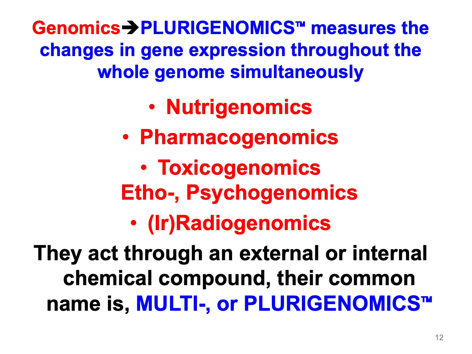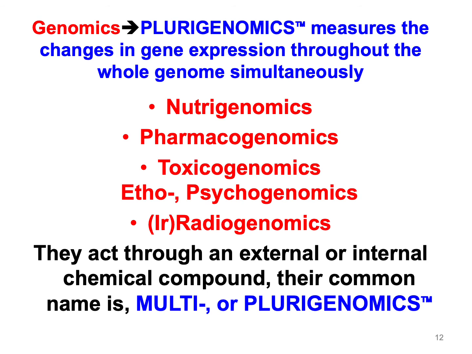But we can also have etho- or psychogenomics when a change of behavior will modify the hormone levels, for example, in the body as chemical compounds.